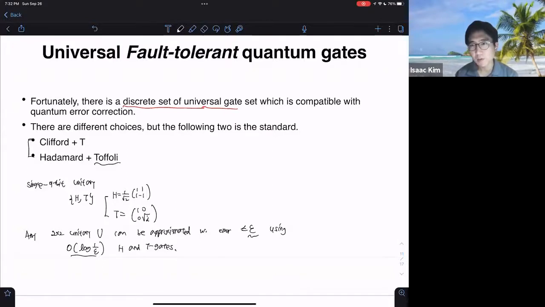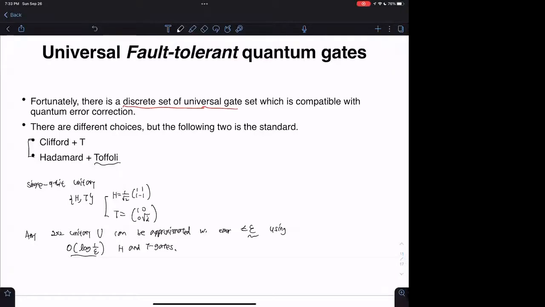So you can approximate arbitrary single qubit gates this way, and a similar statement holds for 2-qubit gates as well. So then the statement for universal quantum computation is that it's not that you can exactly synthesize an arbitrary unitary operation from a finite sequence of these gates, but rather you have some approximation error, and you can choose a sequence such that you can make this approximation error arbitrarily small.